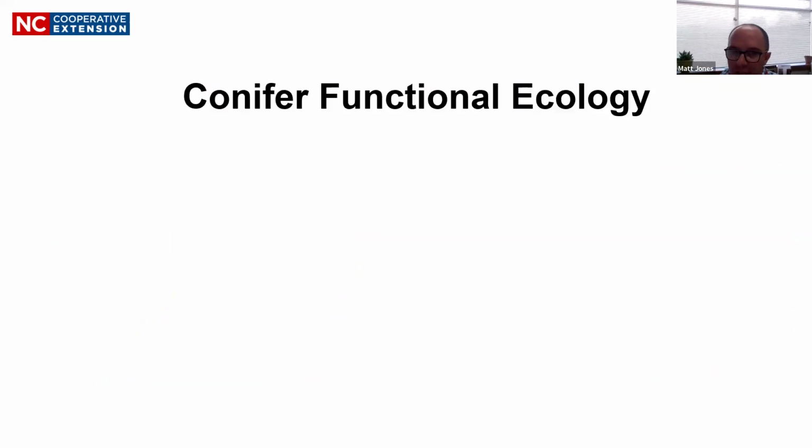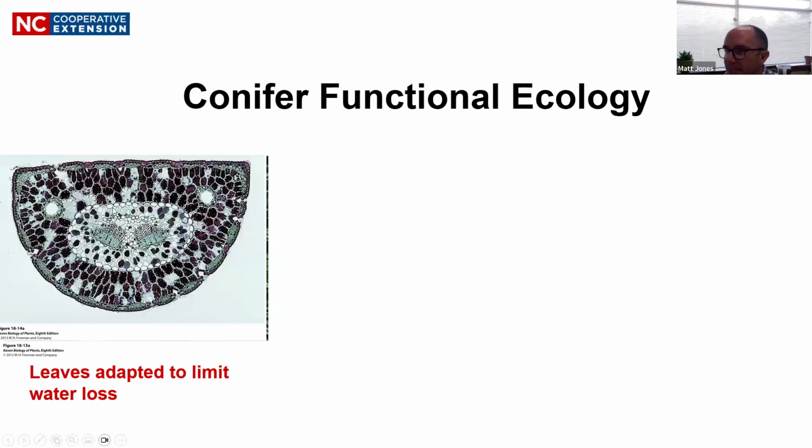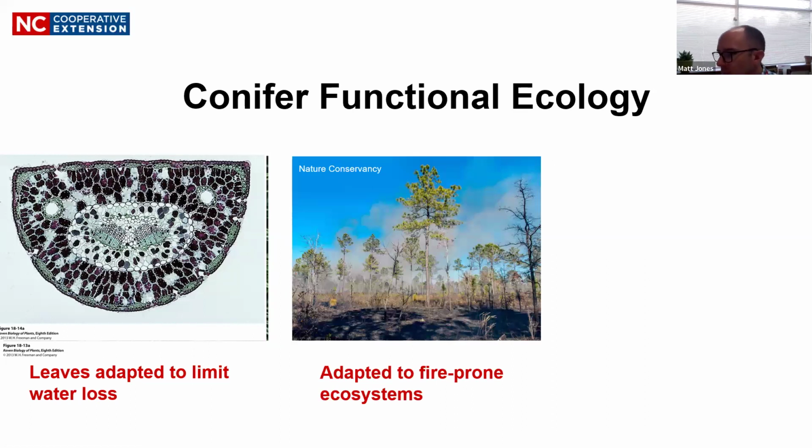Conifers have some features that enable them to thrive in certain environments. Among them are their leaves, which form as needles that tolerate a lot of water stress. They have thick cuticles. They have stomata that are buried deep inside, which reduces water loss. Many others, as I mentioned, have adaptations to resisting fire depending on the ecosystems.